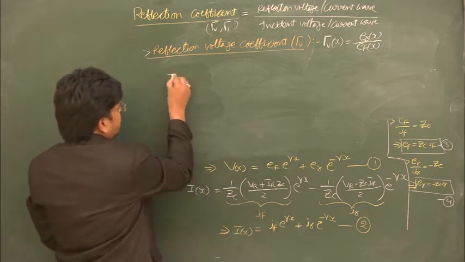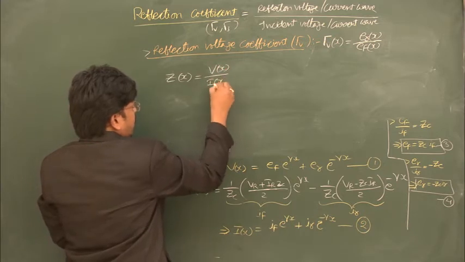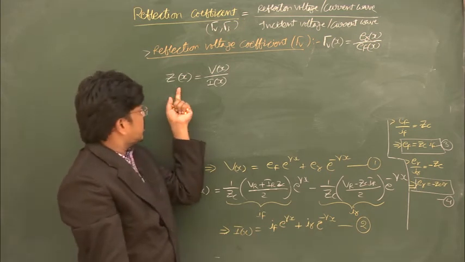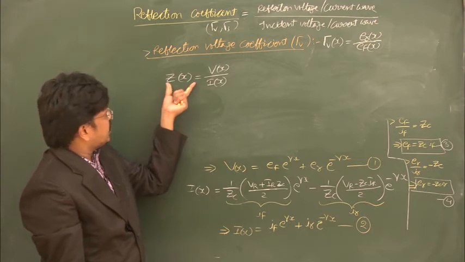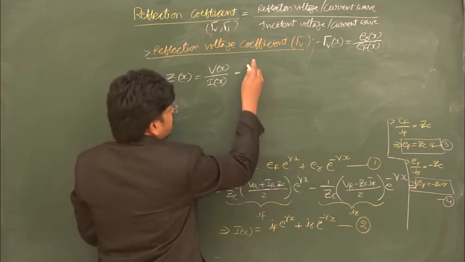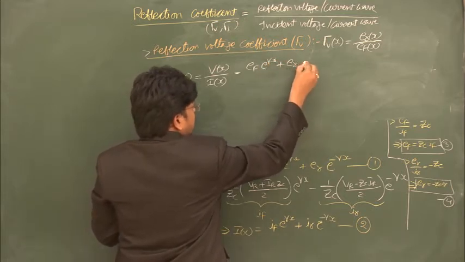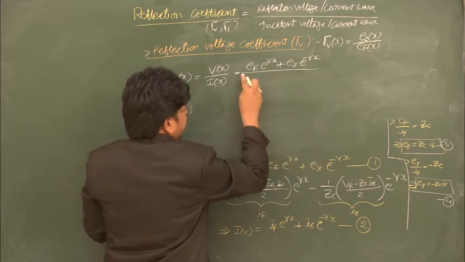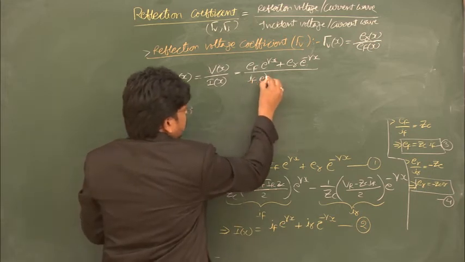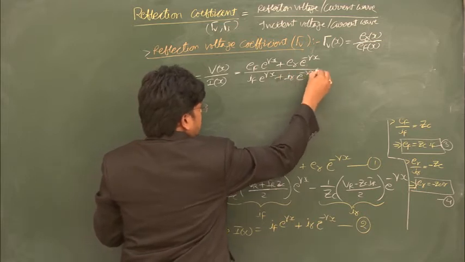Now, for example, I have to calculate Z of x. Z of x equals V of x by I of x. At any point on a transmission line, Z of x can be calculated as the ratio of V of x by I of x. Now substitute the value of V of x from equation 1: EF e^(γx) plus ER e^(−γx), divided by I of x. Substitute I of x from equation number 2, that is IF e^(γx) plus IR e^(−γx).